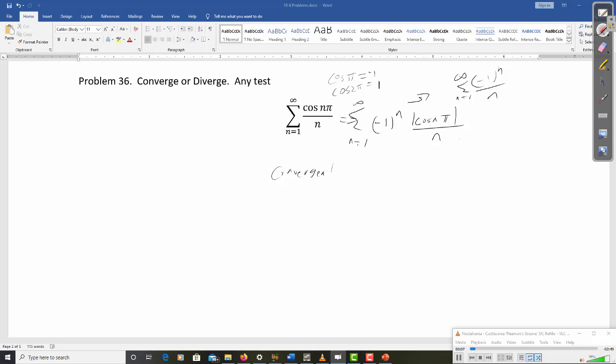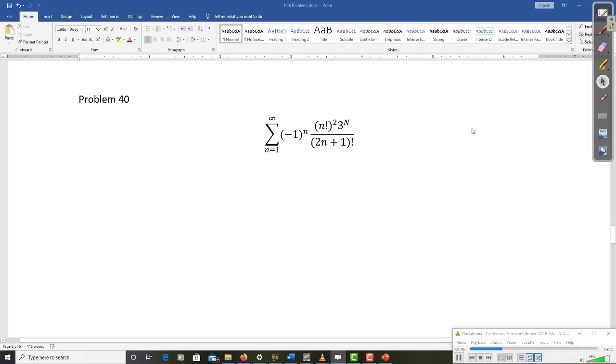Convergent by alternating series test, I'm just going to say AST. Only conditionally convergent, I think, because if you remove the negative 1, it's 1 over n, and that's a divergent p-series, or the harmonic series is what we call it.